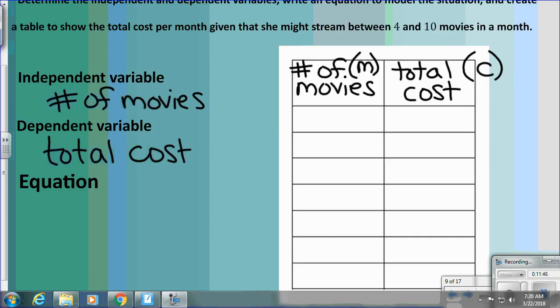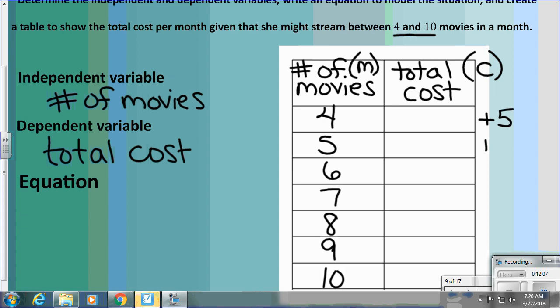We can fill in the number of movies based on the 4 to 10. Now each movie costs $1.50, but remember, every month we have to include that additional $5. So every month there's that additional $5. We need to take that into account and also use that for our equation.